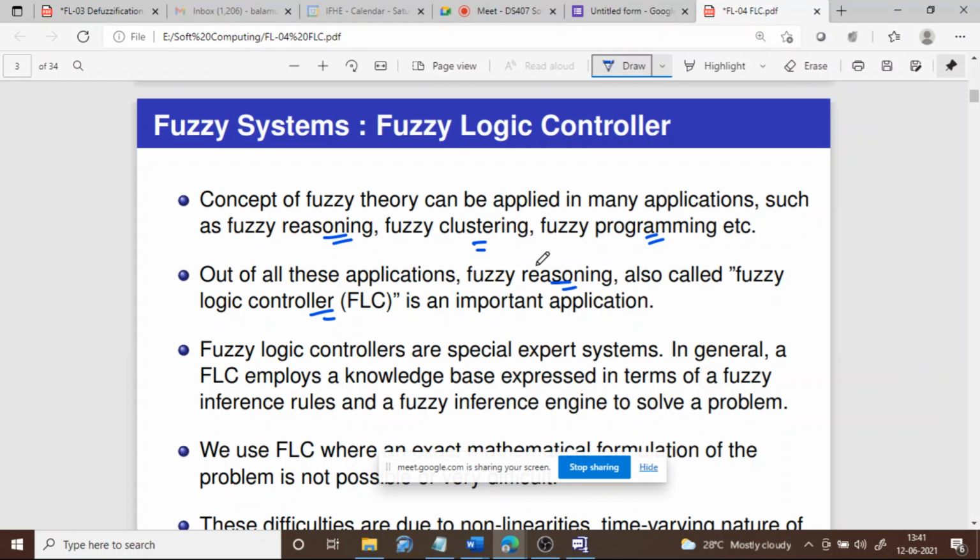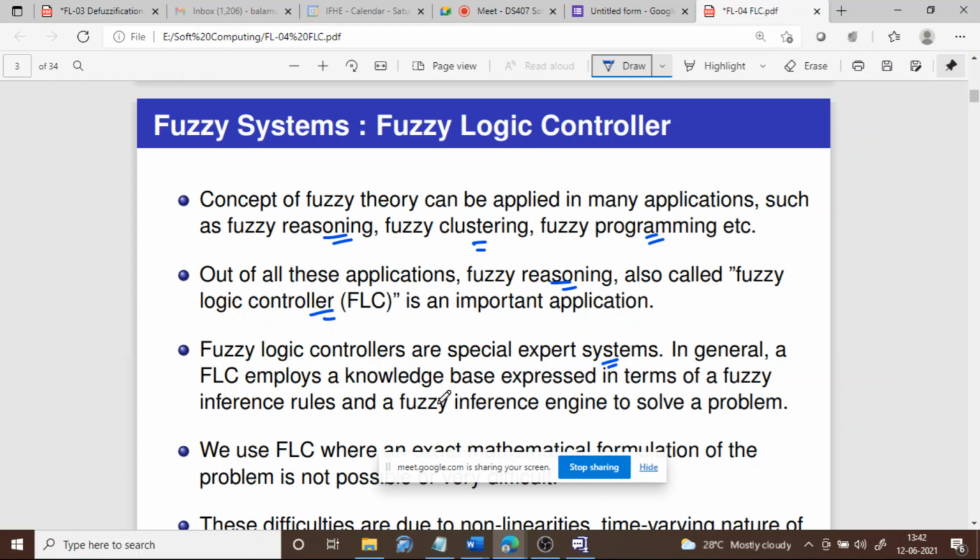Fuzzy logic controllers are part of expert systems. See, fuzzy logic is an important concept used in artificial intelligence, because the way in which a human thinks, reacts, or solves problems cannot be said to be strictly mathematical. Some form of fuzziness is involved, and through this subject we are trying to capture that fuzziness, right?